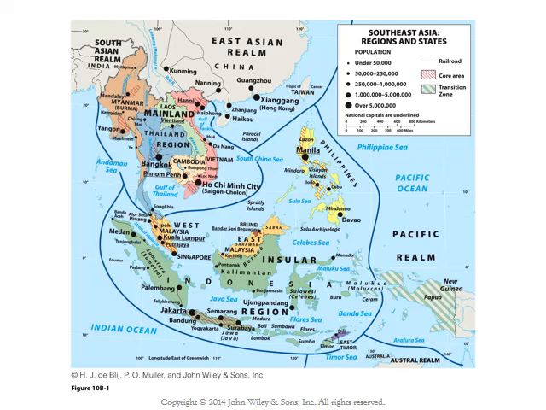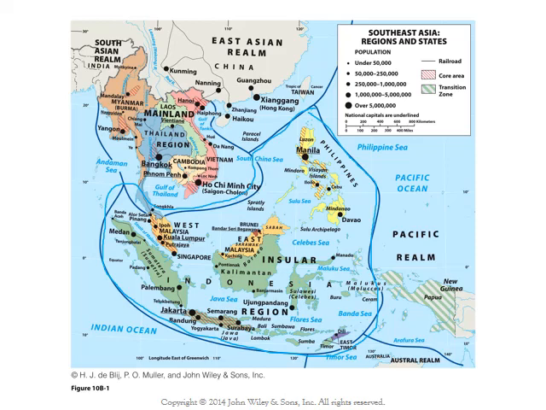Okay, so note how this map makes the distinction between insular Southeast Asia and mainland Southeast Asia. The difference being that insular, this inside section here, doesn't have any land boundaries with any other region.